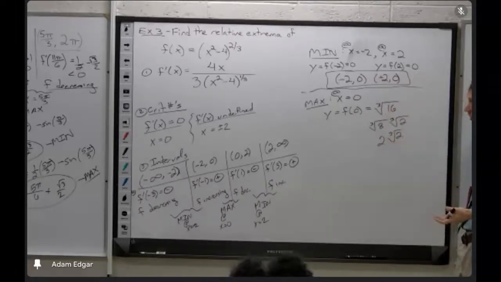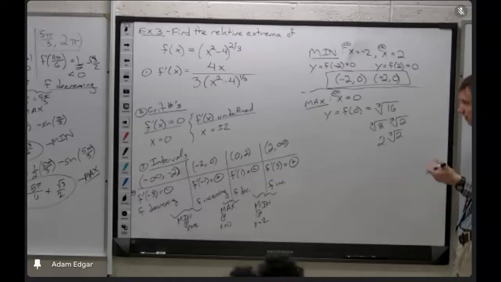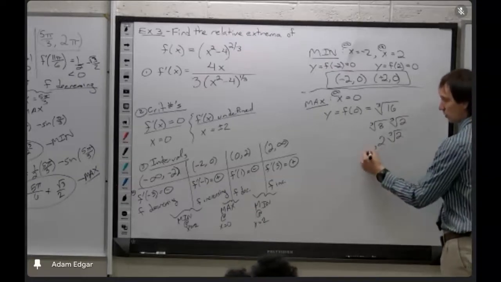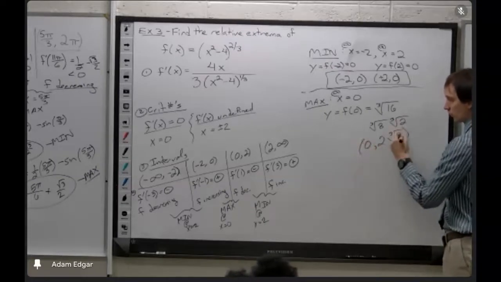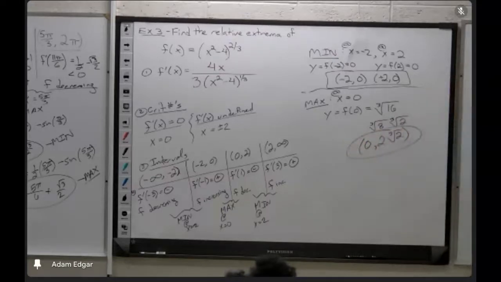You could make it a decimal, and that would be 2 point something. I don't know. So say this is (0, 2 cube root 2) as your max. Ta-da! That's it. And probably these are absolute minimums, and then this is just a relative.